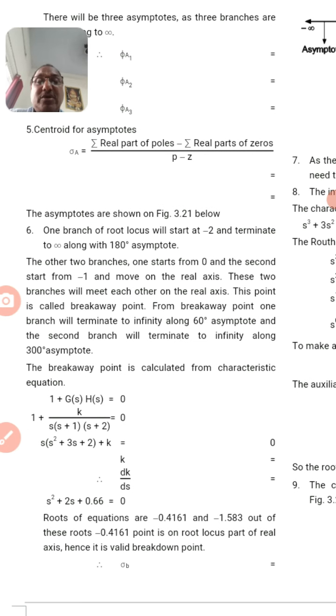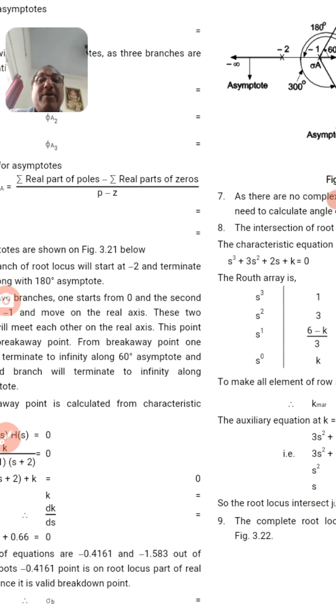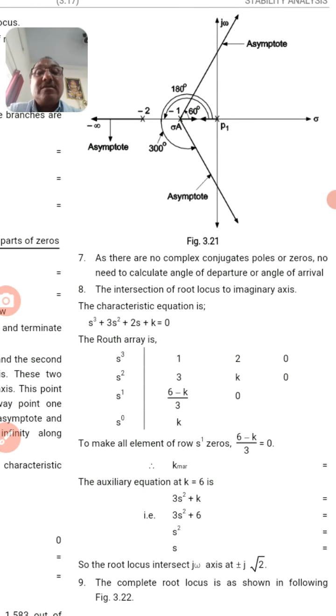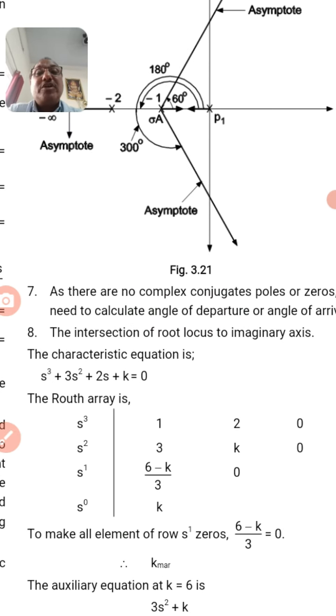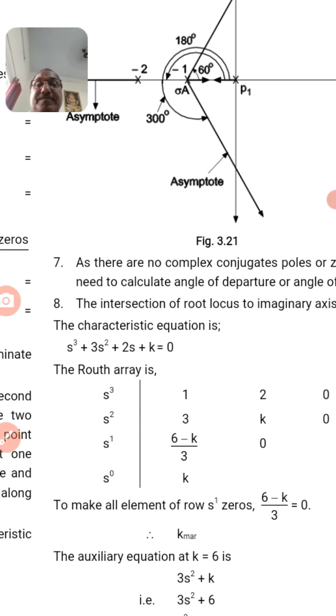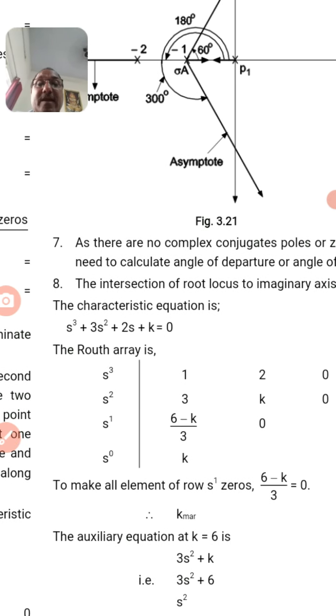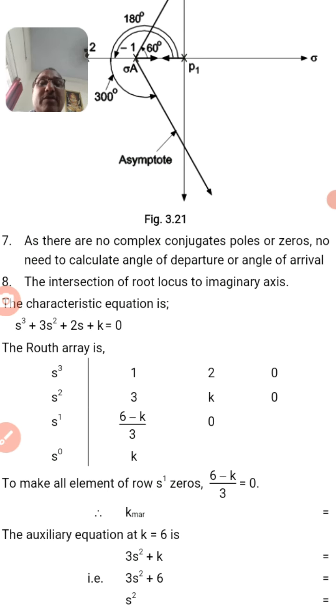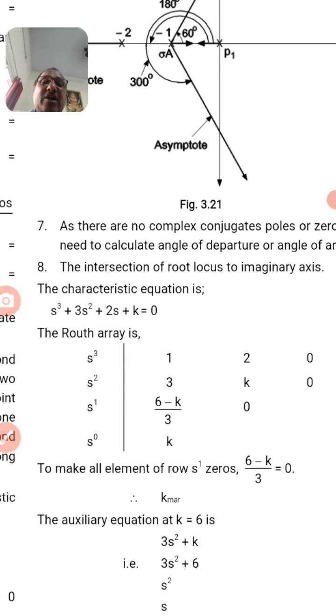Then we found the breakaway point. Now we have to find the portion where the asymptote meets the j omega axis, the imaginary axis. As there are no complex conjugate poles or zeros, there is no need to calculate the angle of departure or angle of arrival.